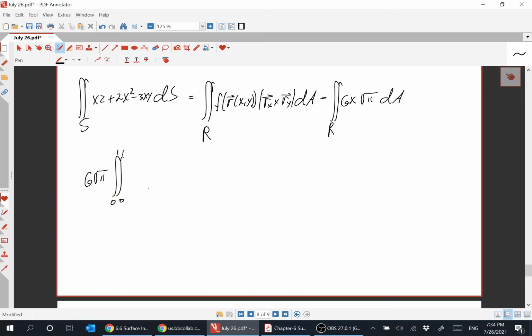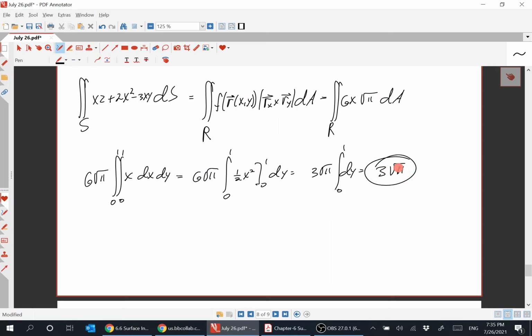R was that rectangle, 0 to 1 by 0 to 1, x dx dy. So 6 root 11, and go from 0 to 1, a half x squared from 0 to 1 dy. So this is a half. So this integral is just 1. So 3 root 11.